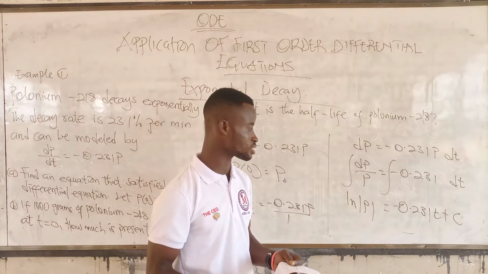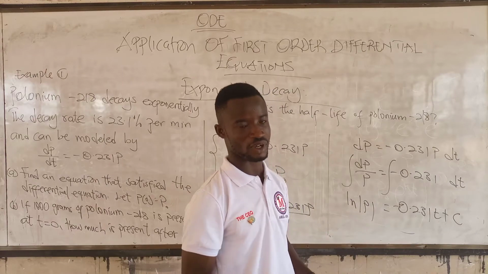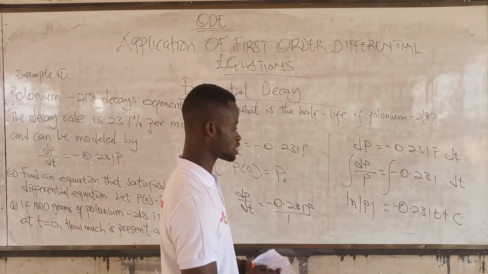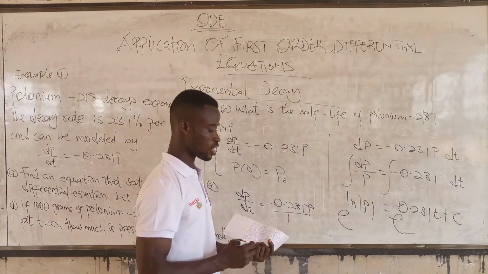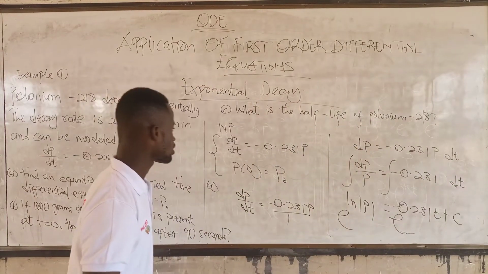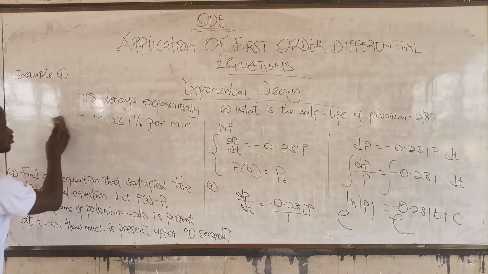So now we know what we are looking for: the function of P in terms of t. So what we do here is take the natural logarithm of both sides, I mean the exponential of both sides.